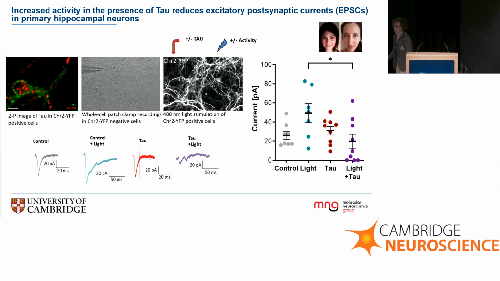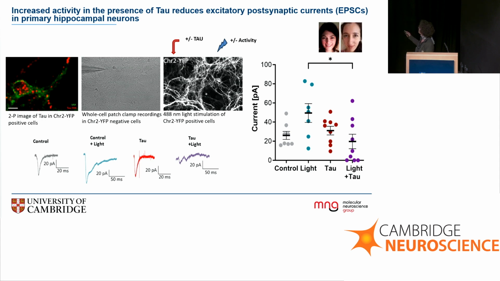We then, through a collaboration with Ulrich Olsen's group and one of the students in my group, started to look at whether this very low dose of tau has an effect on synaptic activity.